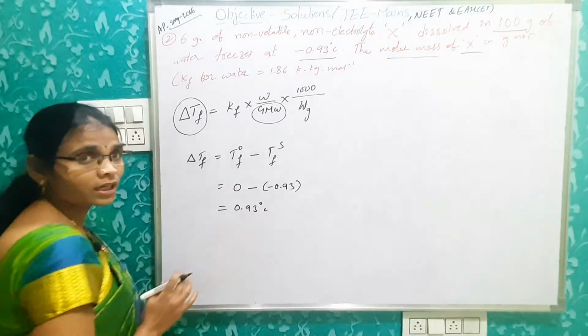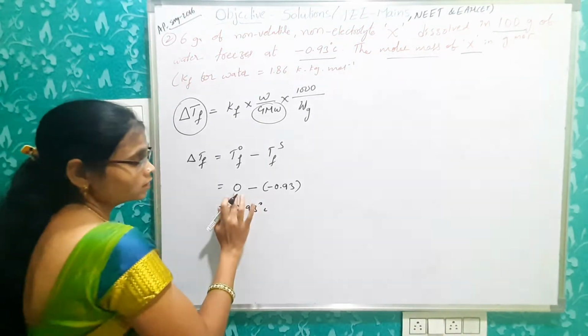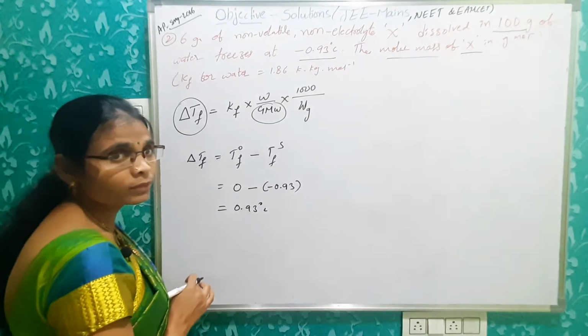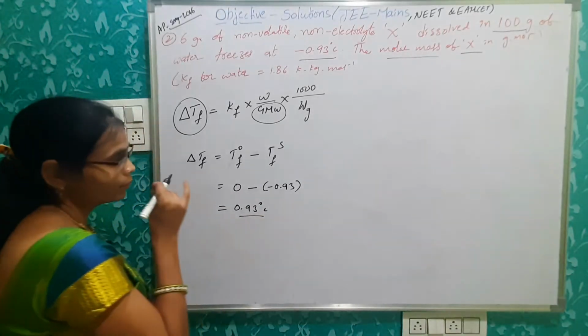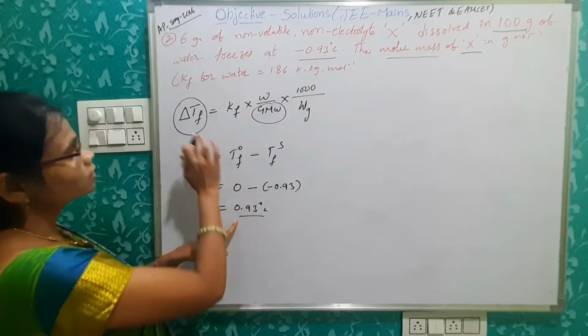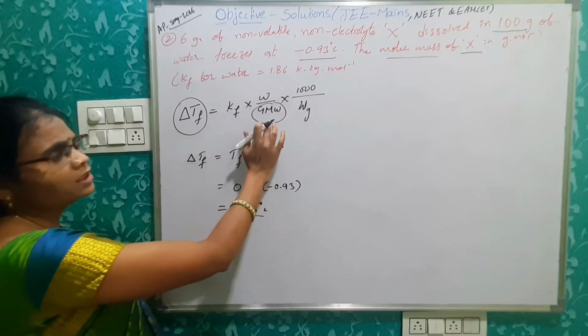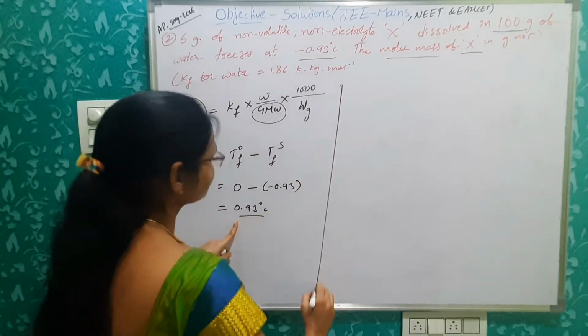Minus of minus will get a plus, no? So 0 plus something means that's something only. Now this value is substituted here, and we can calculate the gram molecular weight.